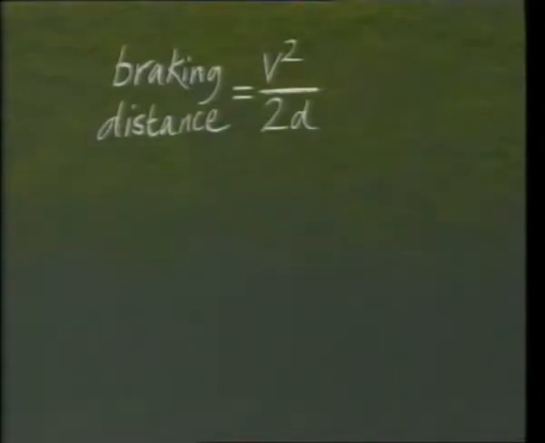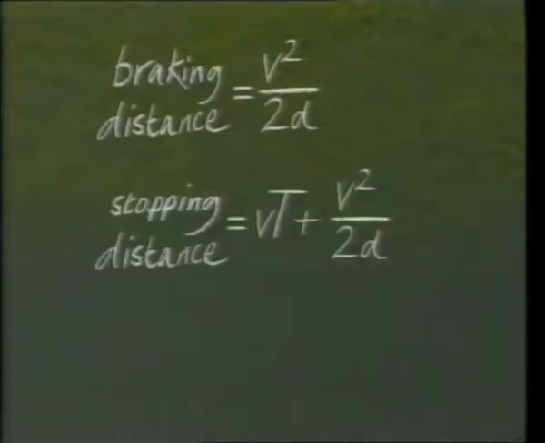Add the thinking distance to the braking distance, and you get the overall stopping distance. That's the formula. But now you need some estimates of the thinking time, T, and the deceleration, D.